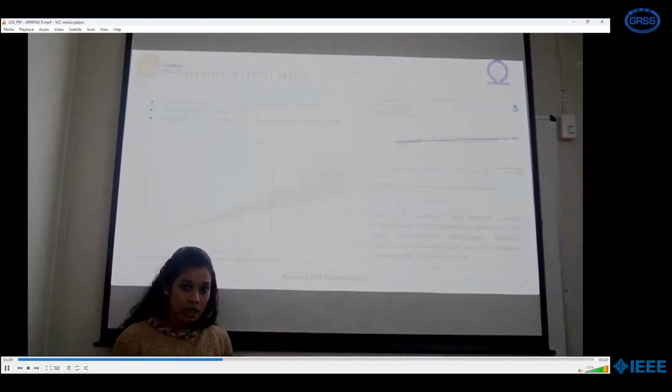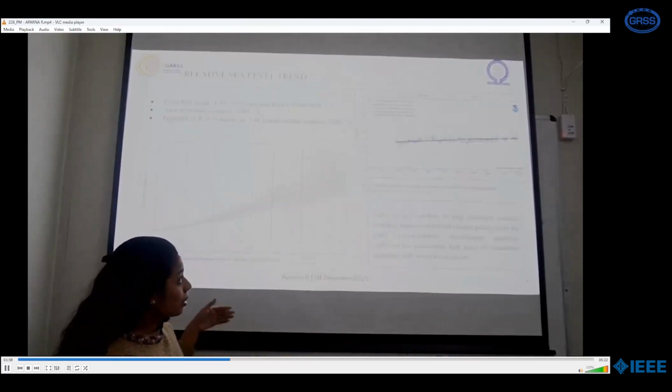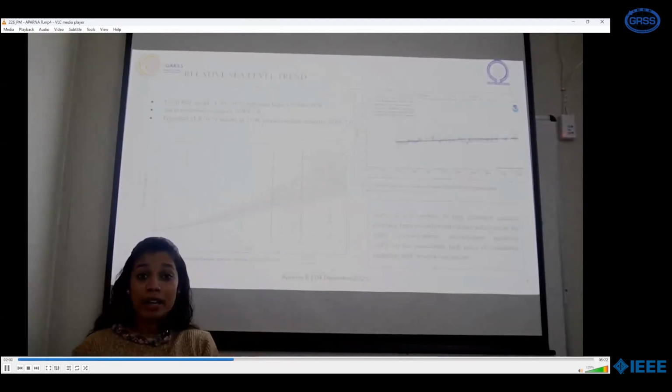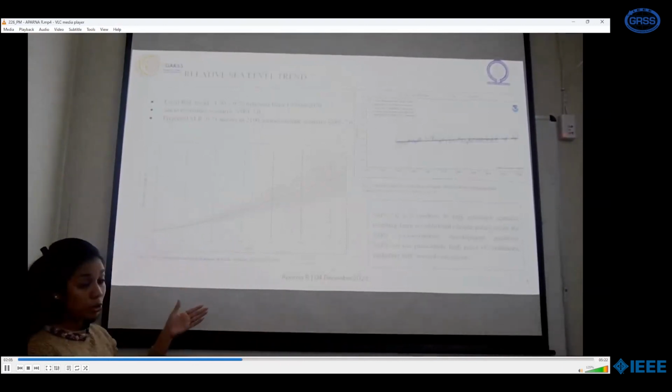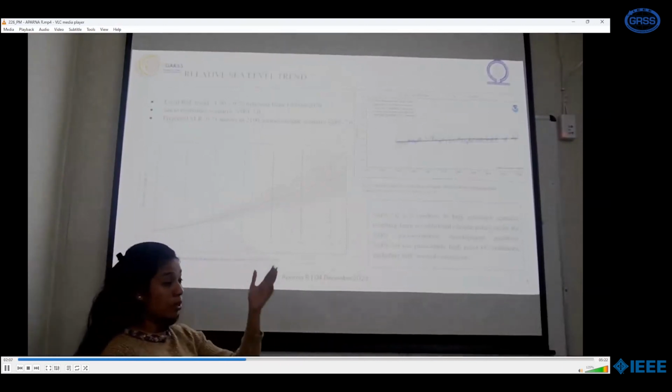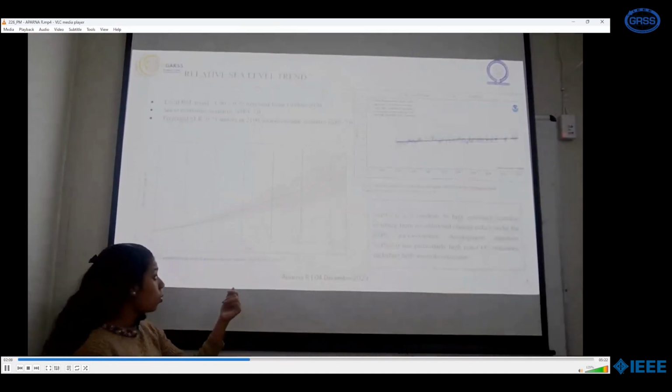We do have a tide gauge station in Kochi, Willingdon Island. The data from the tide gauge station shows that there is a relative sea level trend of 1.90 millimeters per year in Kerala, and NASA has projected the sea level changes to the year 2140 and beyond.